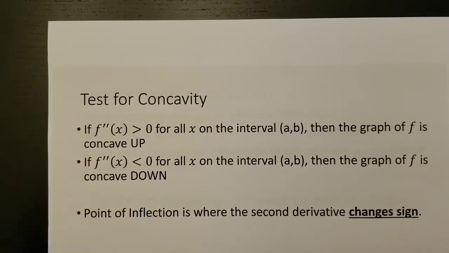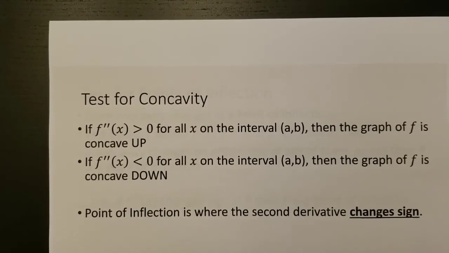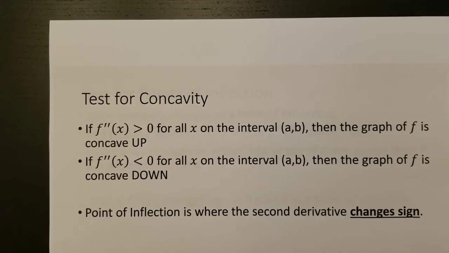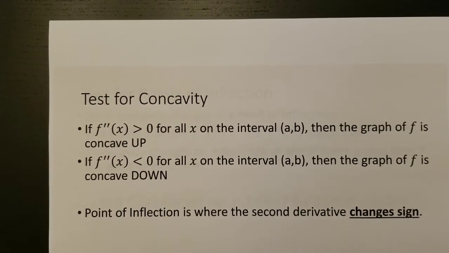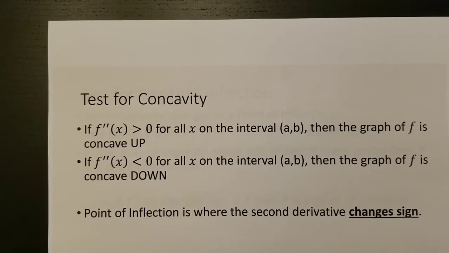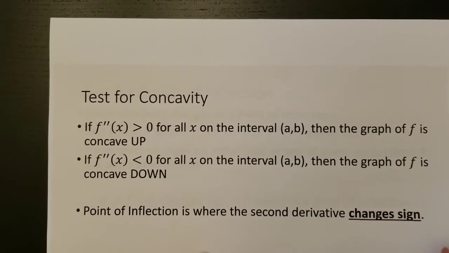So really it's going to feel very similar to how you find intervals of increase and decrease and whether something's a max or min. We're just doing the same kind of analysis with the second derivative now, and we're going to be looking at where the second derivative is positive or negative for intervals of concave up, concave down, and where it changes sign for a point of inflection.